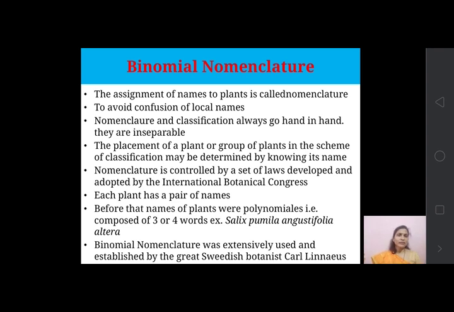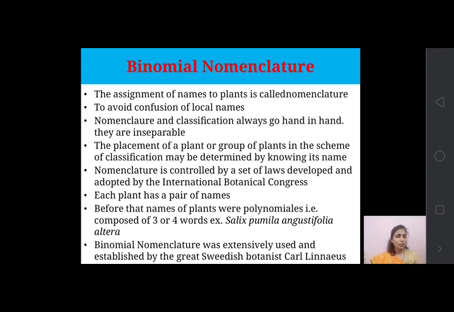As you know, in our country local people have many types of languages. So there are different types of languages, and all people use their specific language for telling something about a specific plant.